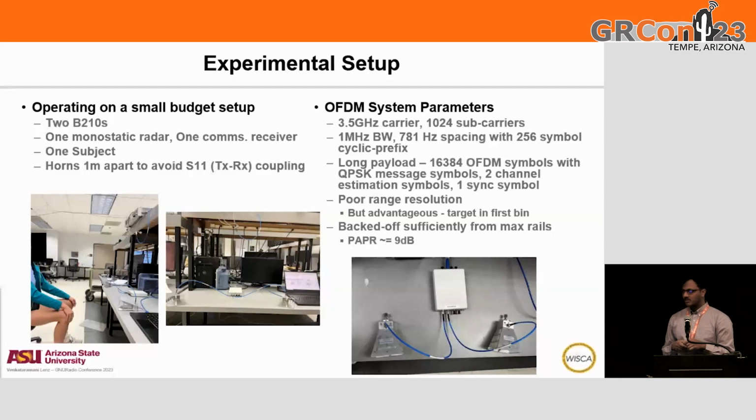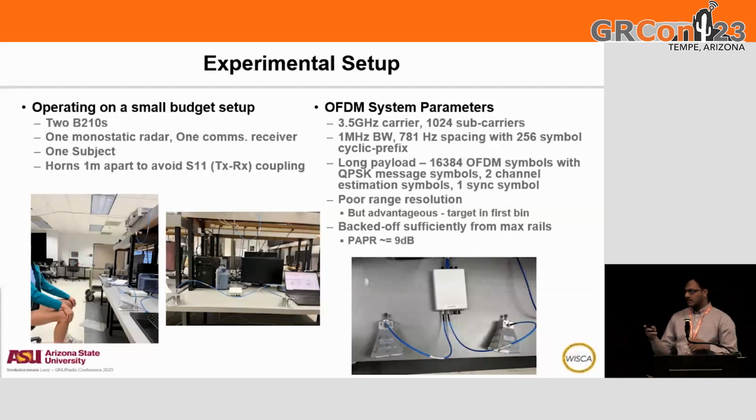In terms of the setup itself, it's a fairly long payload sequence, so that it acts more like a pulsed radar. We didn't go too much into the effort of actually trying to put in an industry standard OFDM payload and preambles because the aim of the project was to prove that it's possible more than optimizing the bounds of this.